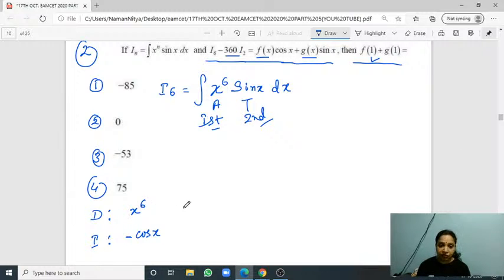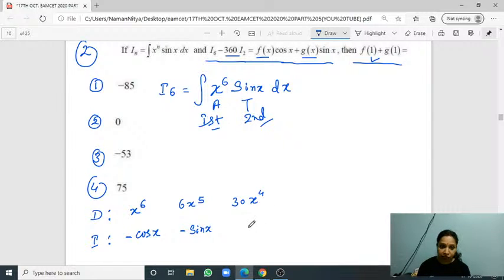Okay, now differentiation of x power 6, 6x power 5. Again integration of minus cos x, minus sin x. Differentiation of 6x power 5, that is 30x power 4.